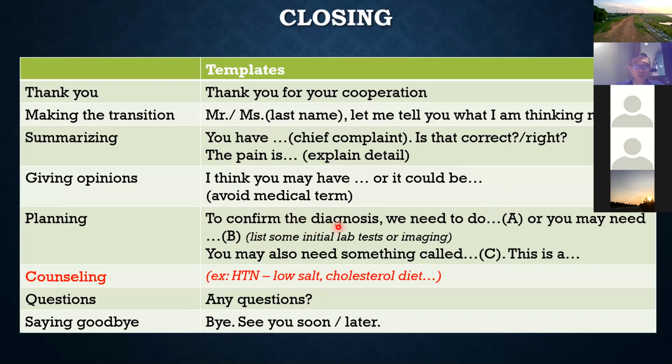And if you have to use some medical terminology, make sure that you explain it to the patient. For example, if you want to diagnose osteoporosis, we have to do a DEXA scan, and the patient may not understand what a DEXA scan is. We can give a brief explanation after that, okay?